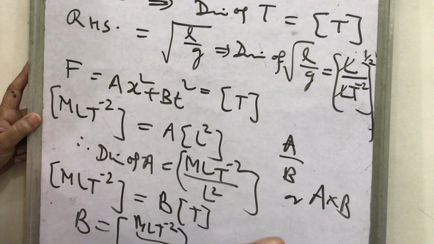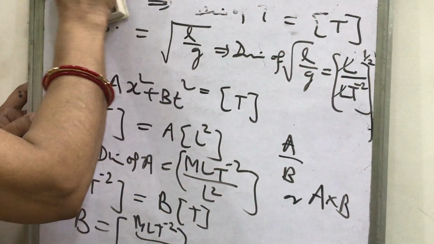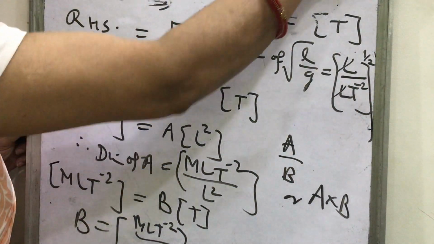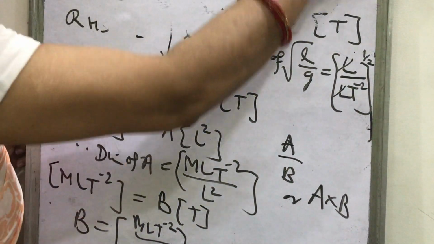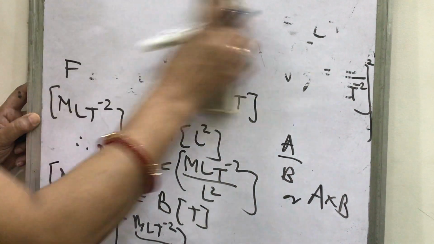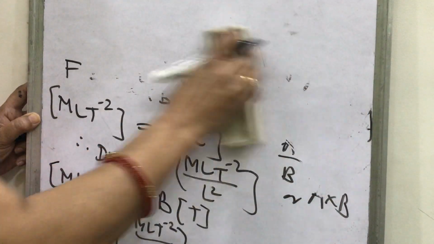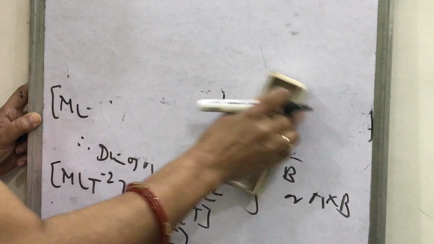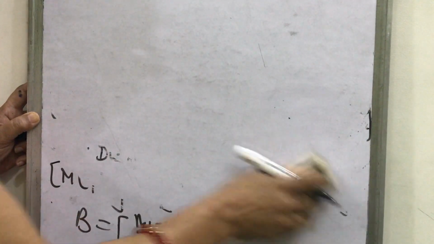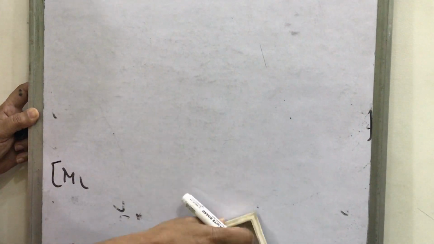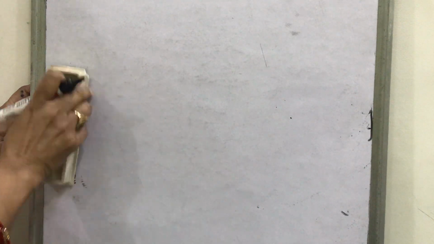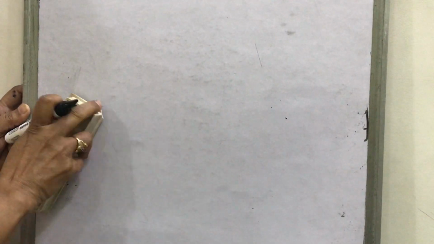Now the last application is the third one, and that application is: if the given physical relation is wrong, and you have checked it, then how will you find the new relation? Look, how can you find the new relation? You can derive the new relation using the relation of a quantity depending on other quantities.